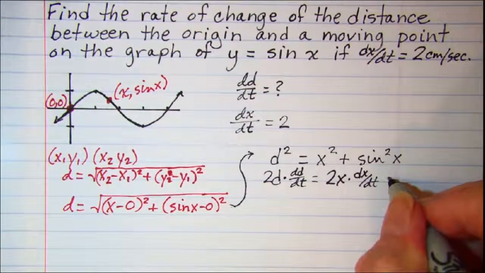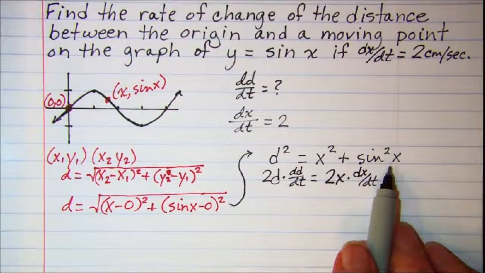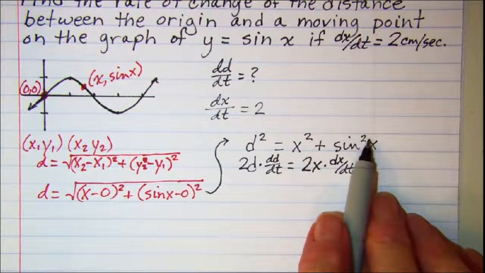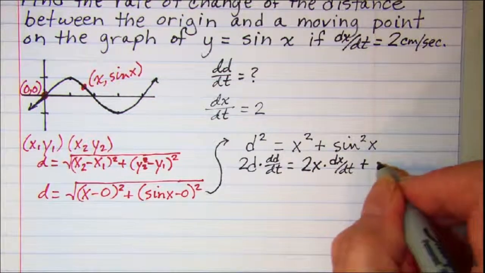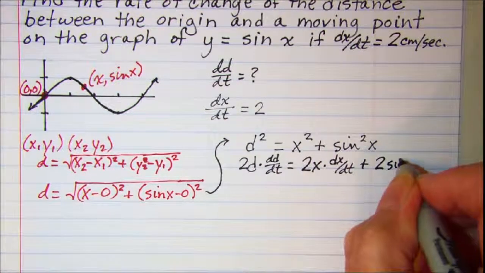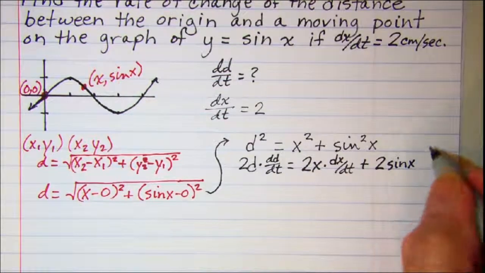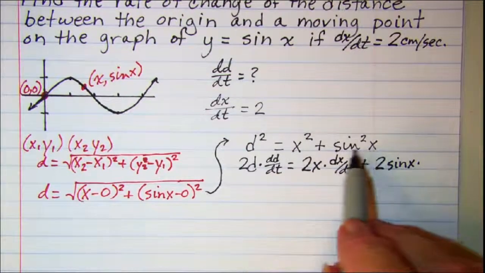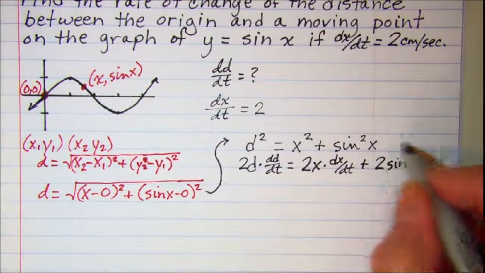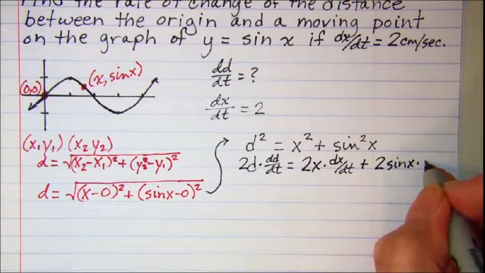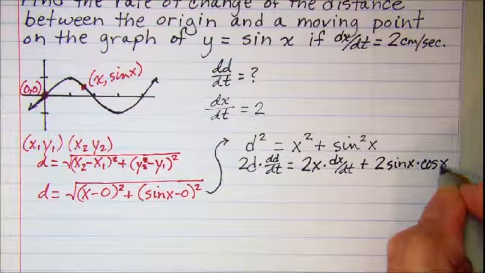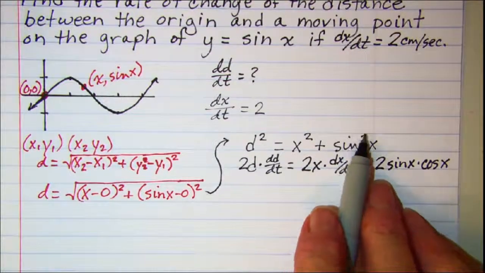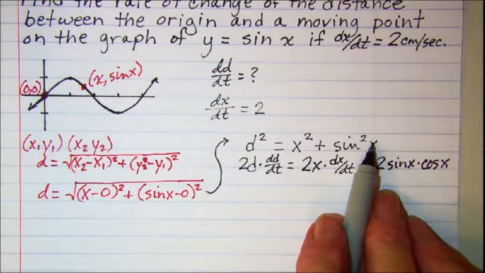And then this last term is a composite function, so I have something squared, so the derivative of that is 2 times that something to the first power times the derivative of that something, which is sine x. So the derivative of sine x is cosine x. So my inside function on this was sine x. My outside function is u squared.